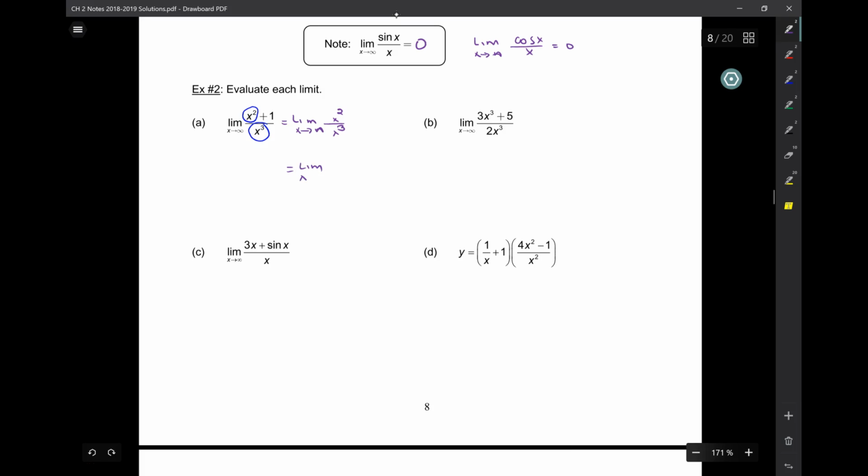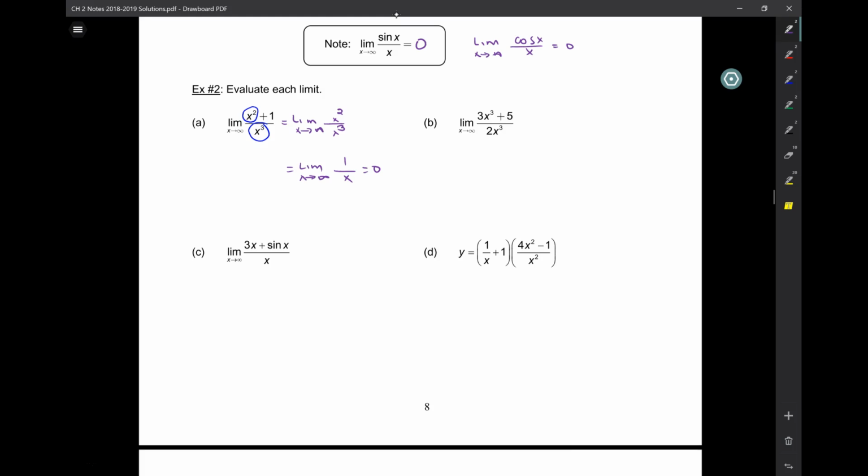This is the limit as x approaches infinity of 1 over x, which is 0. If you have 1 divided by an incredibly large number, it's 0. Think of 1 pizza, and you're dividing it among 1,000,000 people. How much is each going to get? 0.